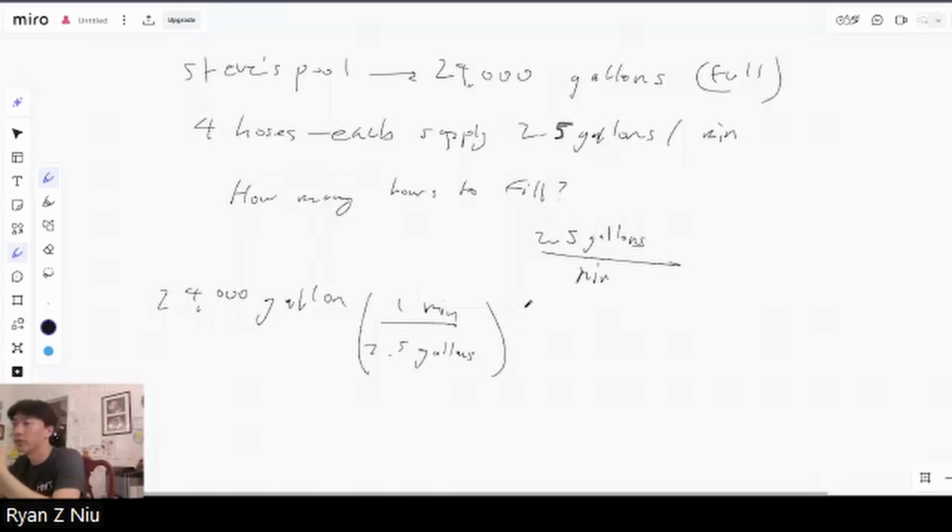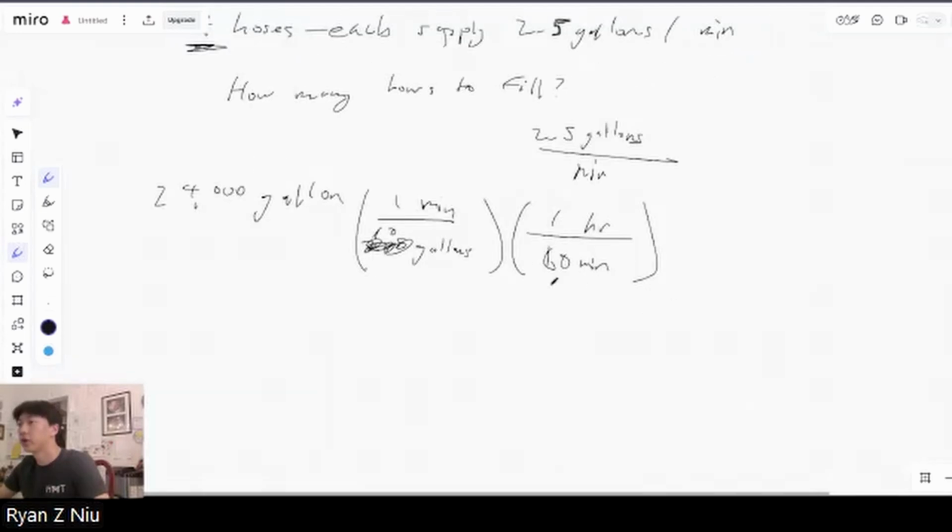And then we also have to account for the fact that we have four hoses and each supplies this. So this should actually be 10 gallons per minute for all the hoses. And after this, we can see gallons and gallons will cancel out. So this will give us the number of minutes that it takes to fill up. But we want hours, so we want to do another unit conversion where we have 60 minutes for every 1 hour. And so this is complete.